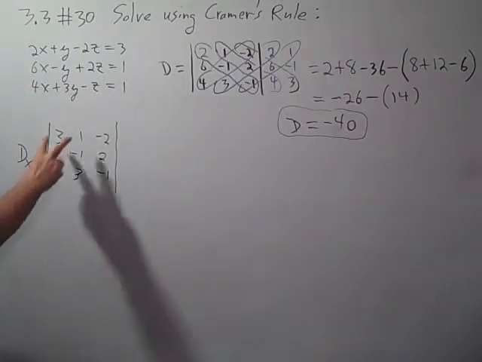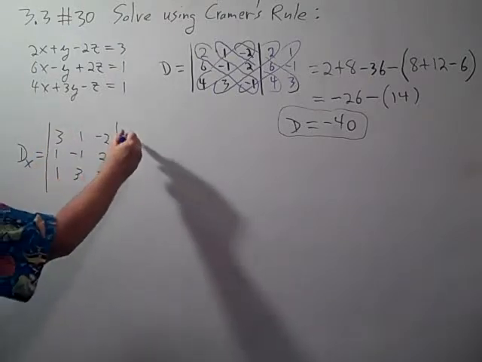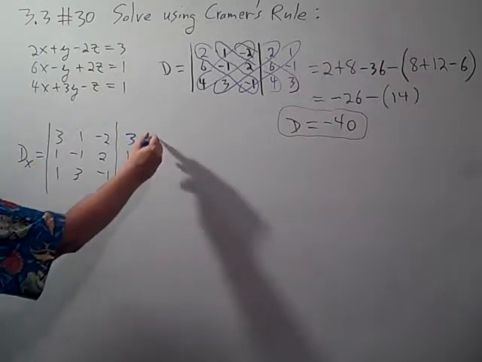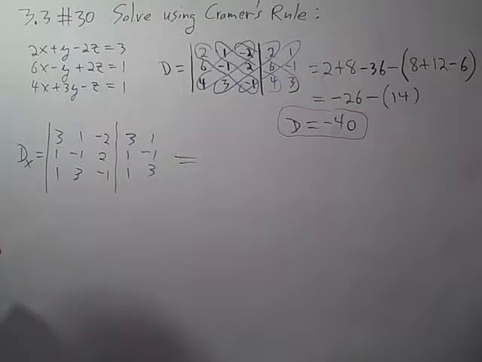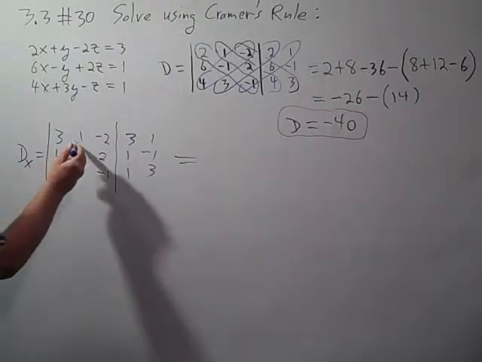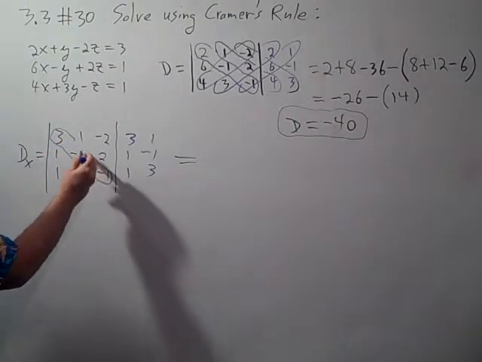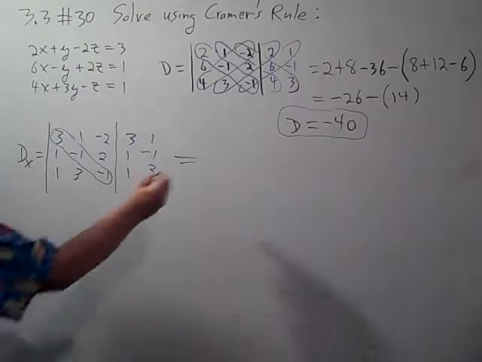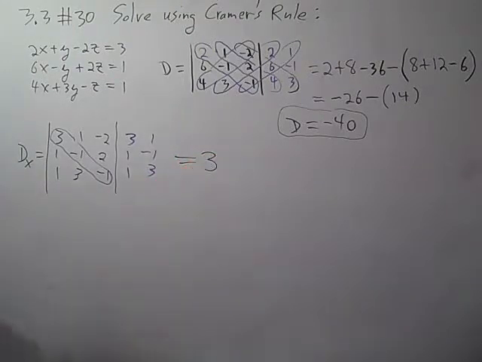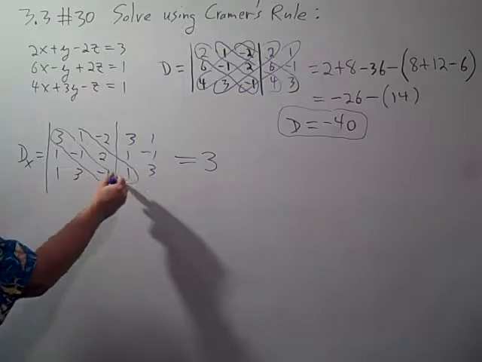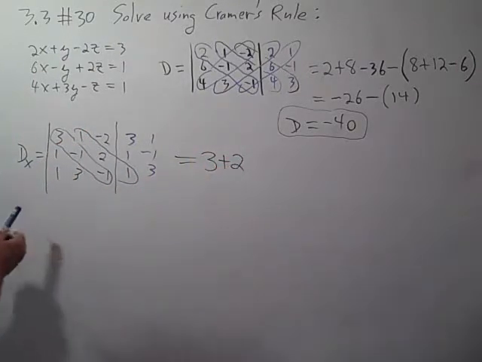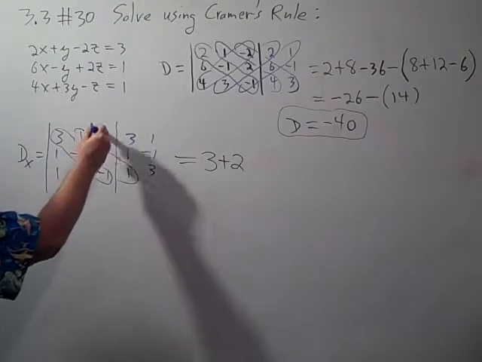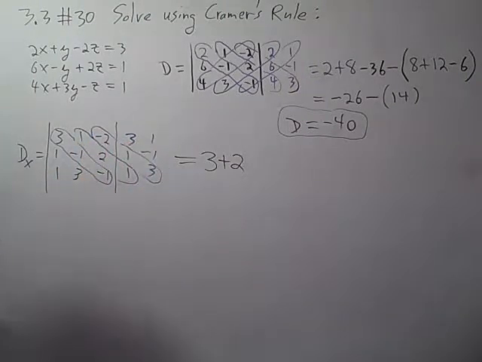Now we copy the first two columns to the right of the matrix, and we begin our process of multiplying down diagonals here. So 3 times -1 times -1 is +3. 1 times 2 times 1 is 2, so we add 2. Then we have -2 times 1 times 3 is -6.